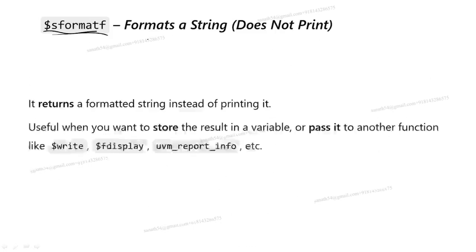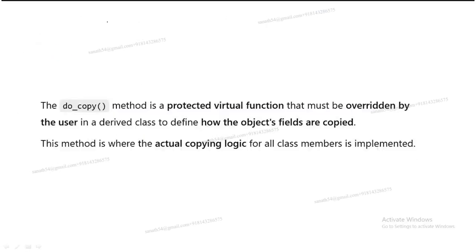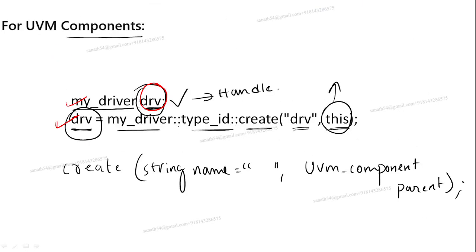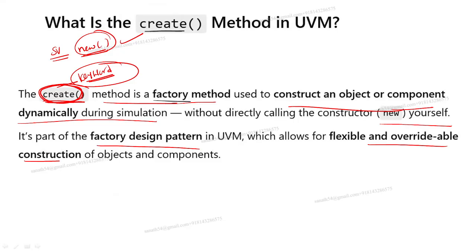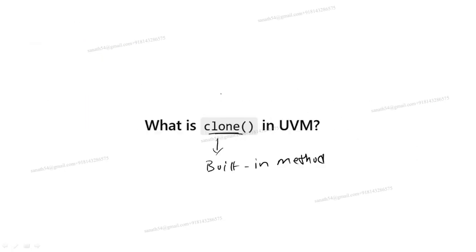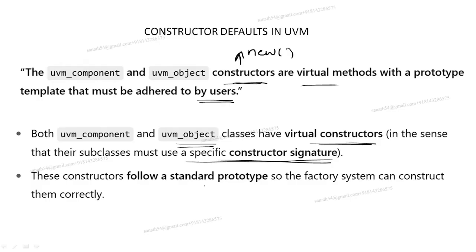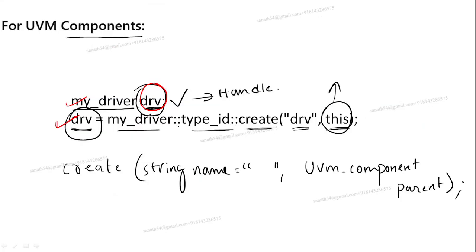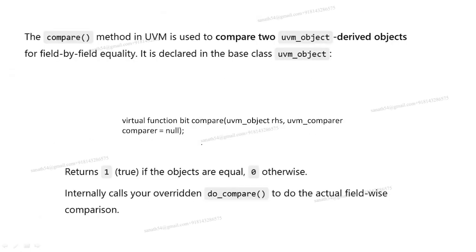In the built-in functions, first we have seen copy, the create method we already seen, and next the clone method. Copy we also already saw. Copy, create, clone, and why you are using clone, compare.